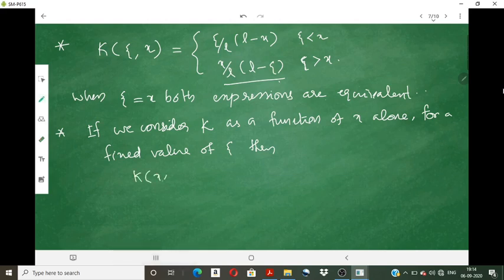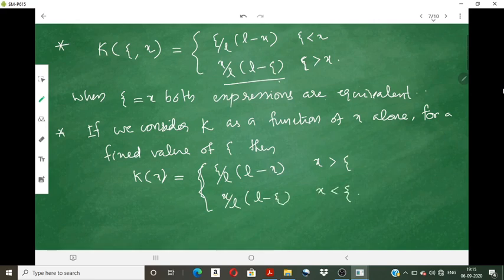K of x theta is equal to theta by L into L minus x when x is greater than theta, and x by L into L minus theta when x is less than theta.